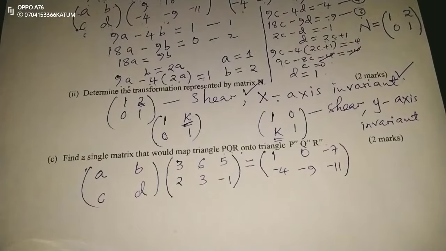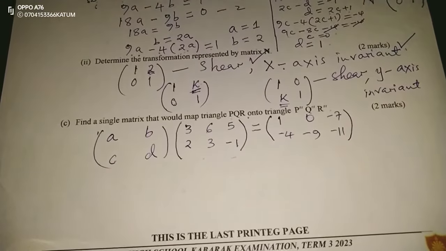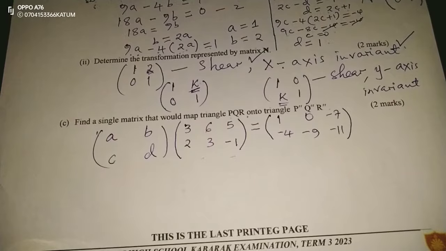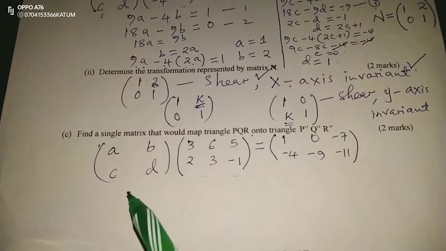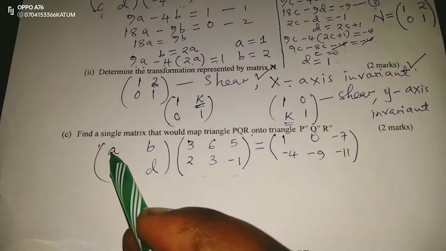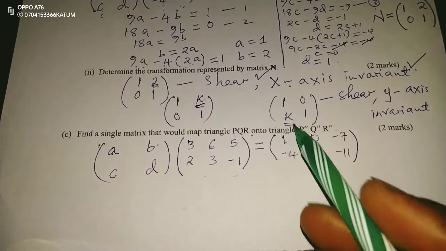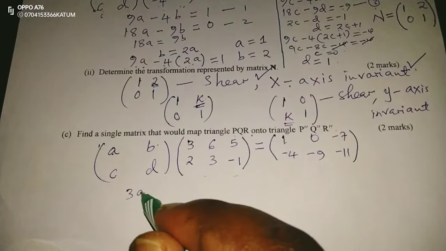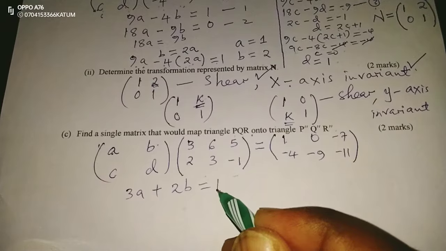We need a single matrix that will map the original triangle directly to the second image, and we can obtain it. So we say this is A by 3, then B by 2 to give us the first element. So 3A plus 2B equals 1.